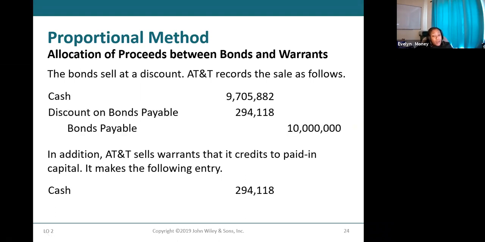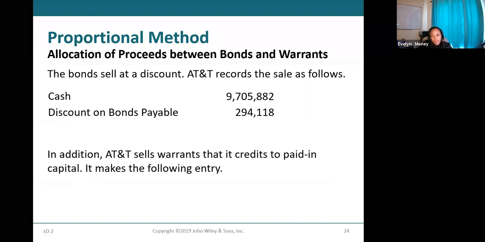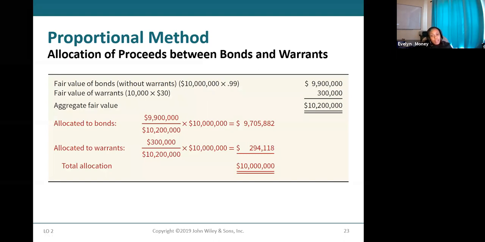Now, you can do this as one big entry, or you can do it as two separate entries. Bonds payable is always valued at par. So the bonds payable goes in at 10 million. But the cash proceeds that we're allocating to the bonds payable was based on, let me go back so you can see, the proportional method.